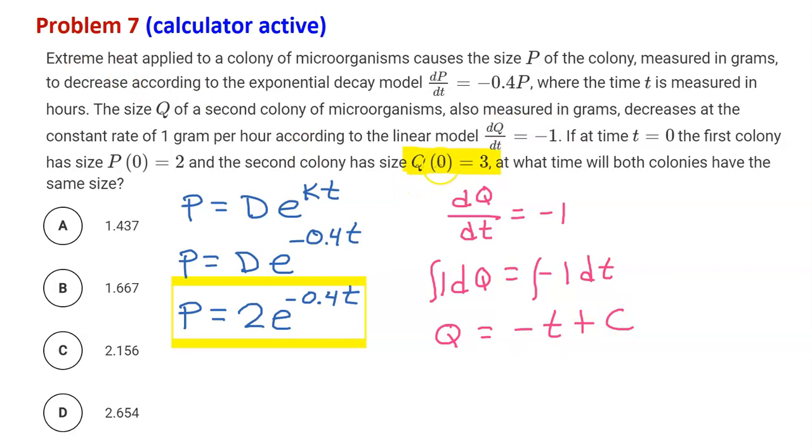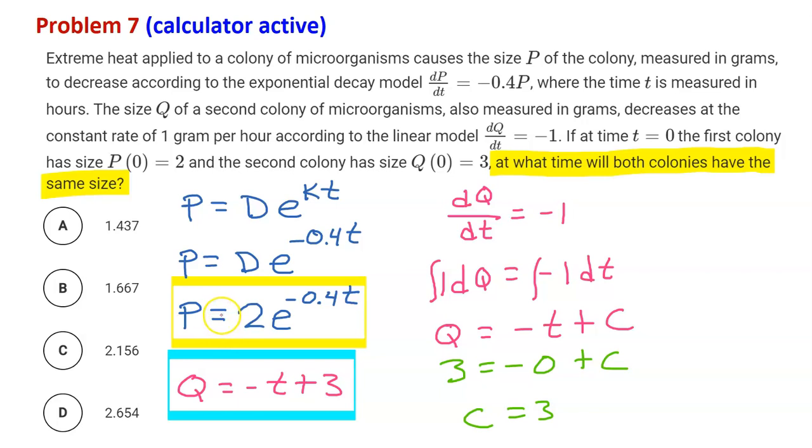This initial condition allows us to find the value of C. When t is 0, Q is 3. So that gives us 3 is equal to negative 0 plus C. So obviously C is equal to 3. Substituting 3 back in for C, we have the equation Q is equal to negative t plus 3.